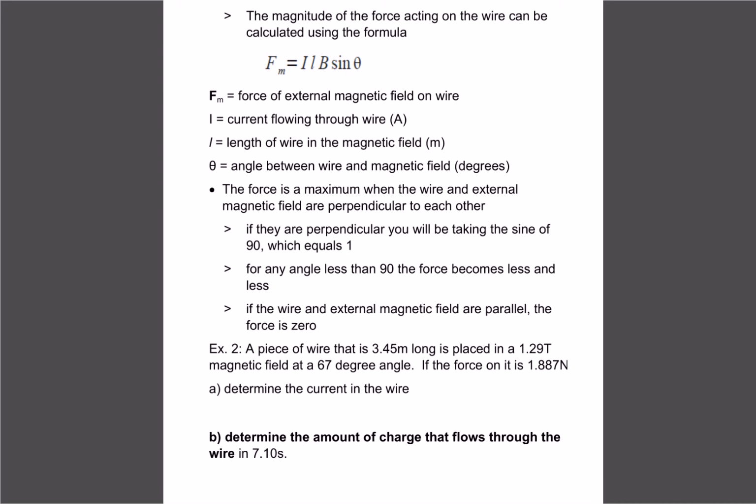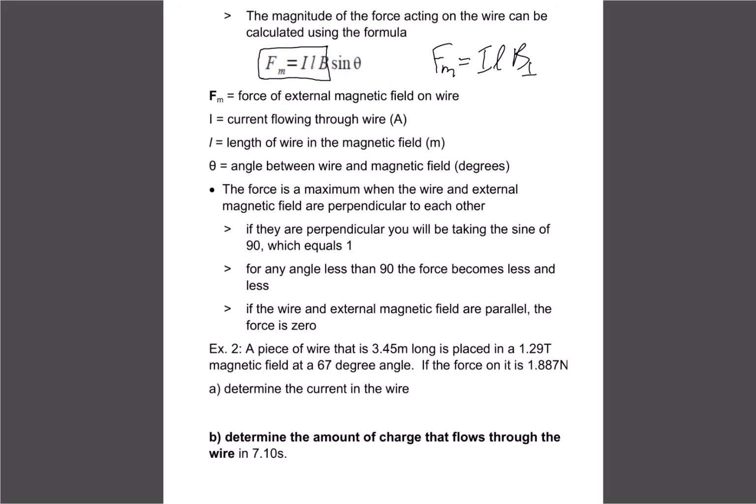The formula that we use, there's two different formulas depending on the scenario. The first one is ILB, so that's if we have a wire, a certain length of wire in a magnetic field, so that's like the previous example, where I is our current, L is the length of wire, and B is our magnetic field, of course. And I also have a sine theta on here. So on your formula sheet, they don't write it as sine theta. They write it as ILB, and they say that it has to be perpendicular.